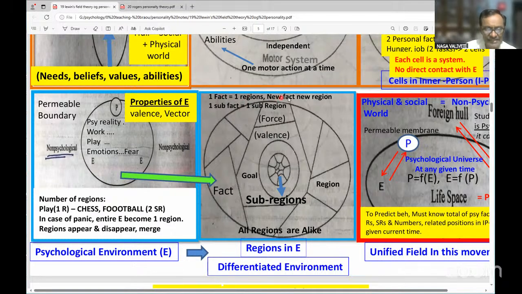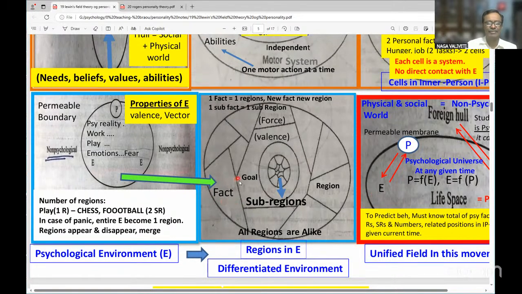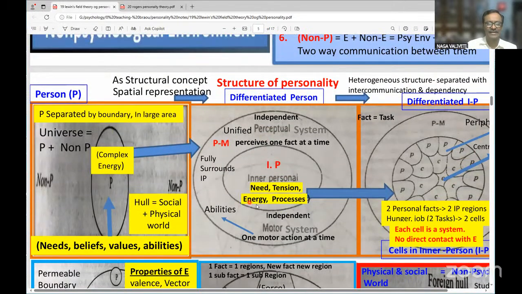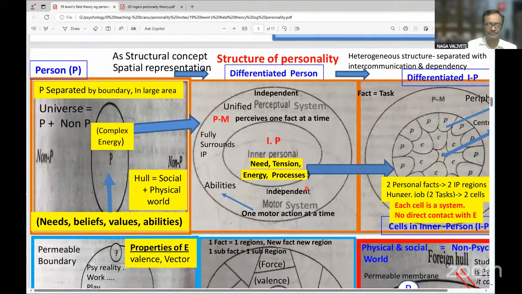One fact, one region. A new fact, another new region will be created. The regions appear, and once accomplished, disappear. If semi-accomplished and another need requires it, it will be attached to that and merged into the other region. So that activity takes place here. A fact is a task depending on the inner personal requirement.